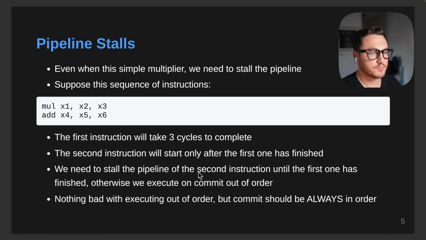We need to stall the pipeline of the second instruction until the first one is finished, otherwise we execute and commit out of order. And there's nothing bad with executing out of order. One of my advanced courses is all about executing out of order, but commit should always be in order. Otherwise we may break the flow of the program.